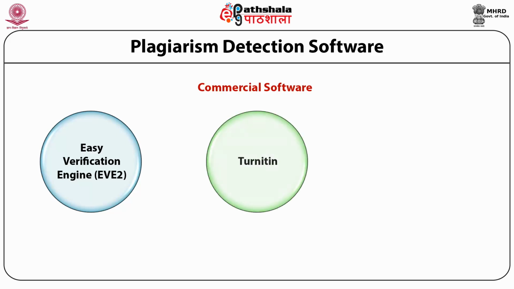Next one is Turnitin, which is a new enhanced version that integrates with 3 essential instructional support tools: originality check, plagiarism prevention, GradeMark, that is paperless grading, and PeerMark, peer reviewing.